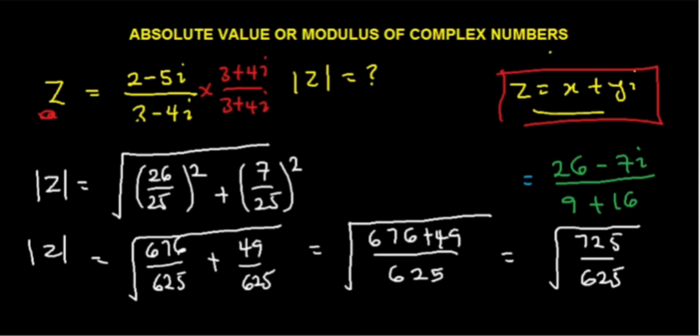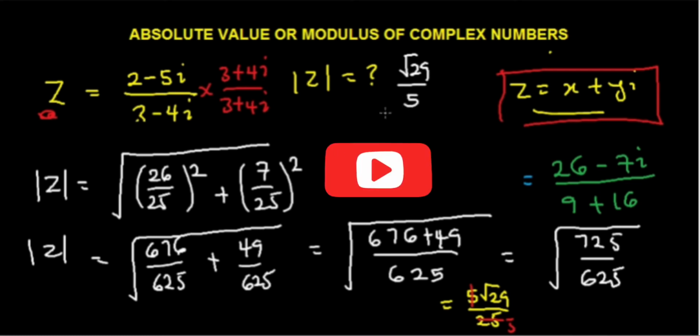The final answer here will be 5 root 29 over 25. Then 5 in 25 can cancel, leaving 5. So my final answer for the modulus that we are looking for is root 29 over 5. That's how to solve a question of this nature.